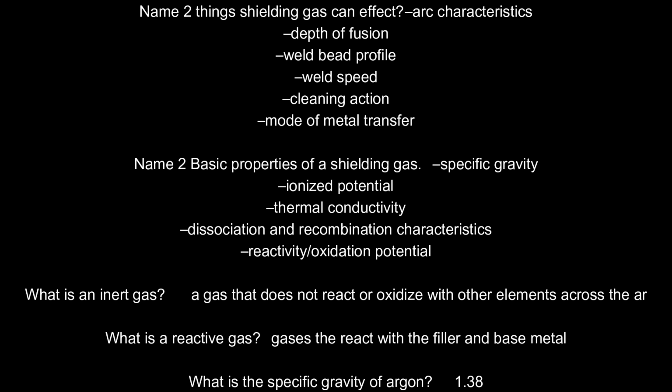Specific gravity, ionization potential, thermal conductivity, dissociation and recombination characteristics, reactivity/oxidation potential. What is an inert gas? A gas that does not react or oxidize with other elements across the arc. What is a reactive gas? Gases that react with the filler and base metal.